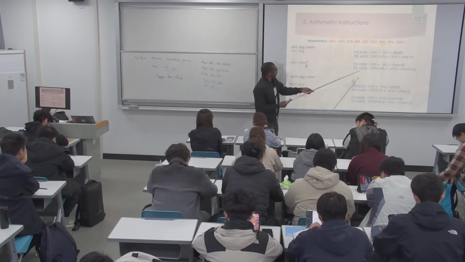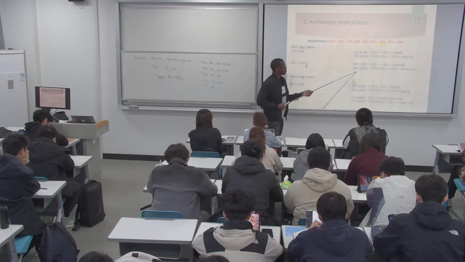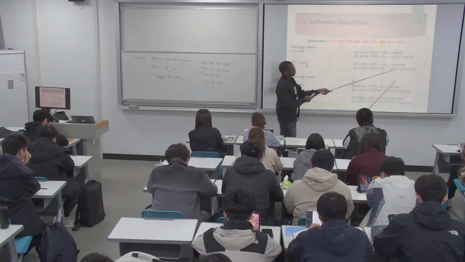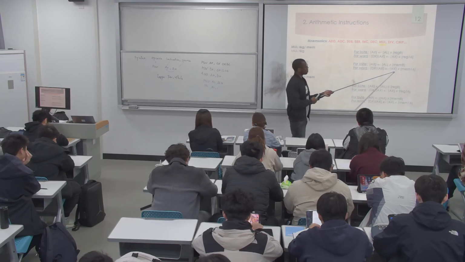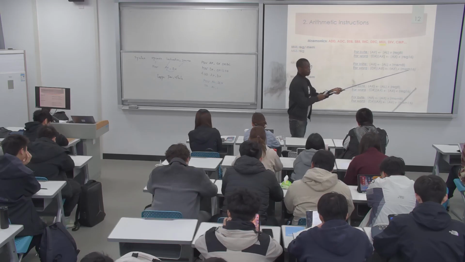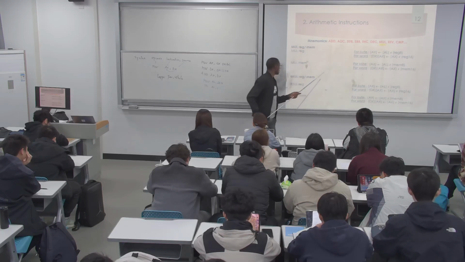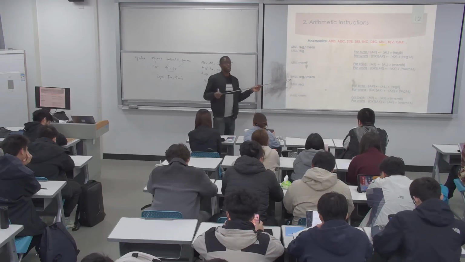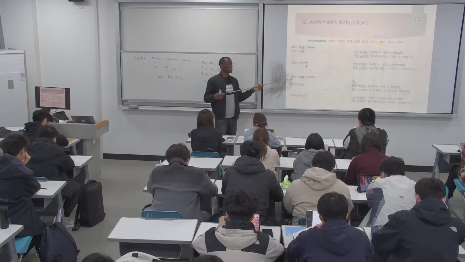The same goes for byte or word data. You can have the content in the accumulator register times a 16-bit data stored at a specific memory location. The same goes for signed numbers. This is for unsigned numbers, and this is for signed numbers.